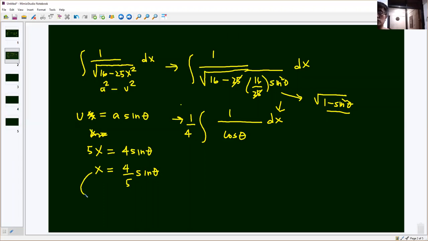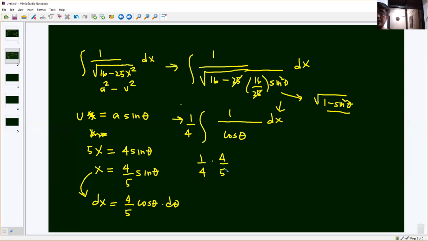Siyempre, dito natin kukunin ang dx. So, dx is equal to 4 fifths, derivative of sine is cosine theta d theta. So, papalitan ngayon natin, magiging 1/4 times 4 fifths.